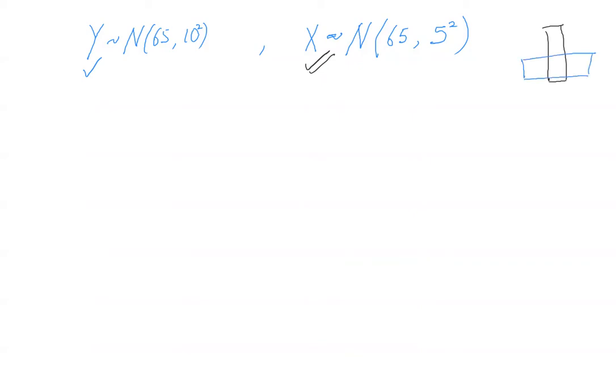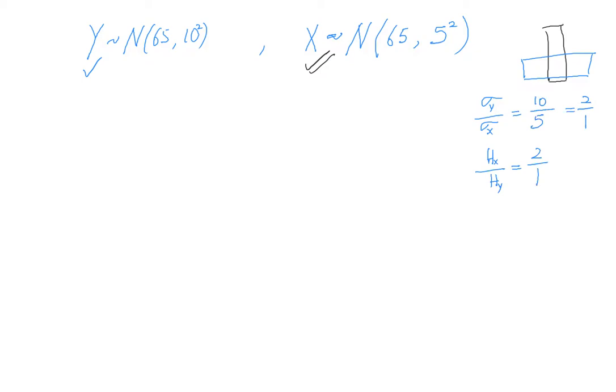Correct? So now we want to talk about the ratio of the standard deviation to the ratio of the height. Standard deviation of Y to standard deviation of X is 10:5, correct? So it's 2:1. So the height for X to the height for Y also should be 2:1. Smaller standard deviation, taller.